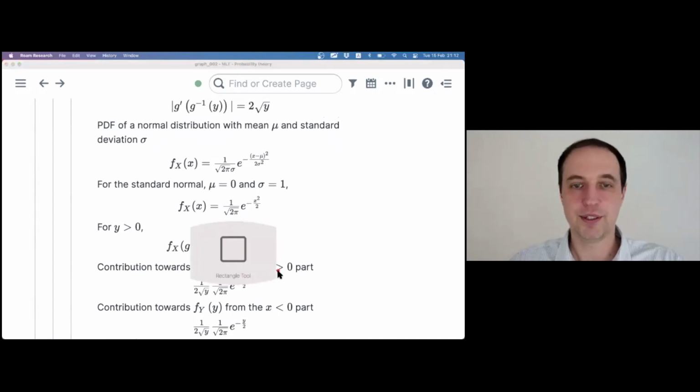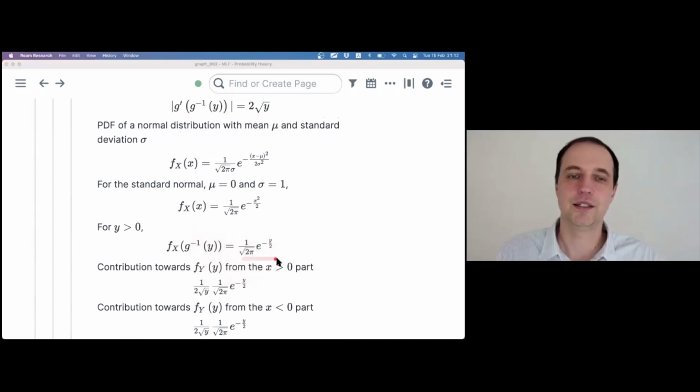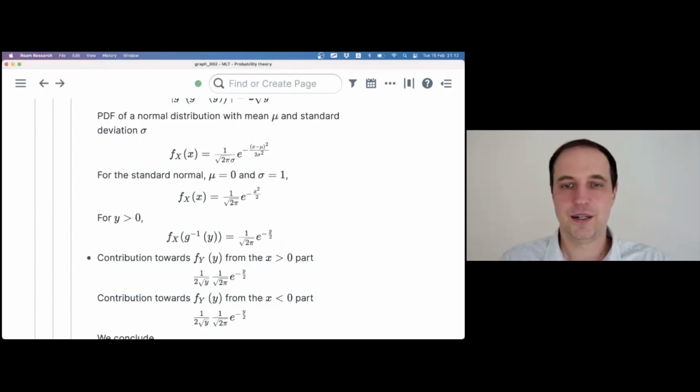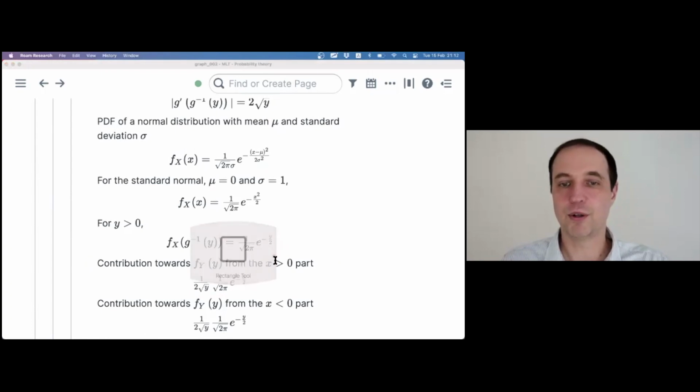This was the expression for the numerator. And we conclude that the contribution from positive x towards our formula is this one. You obtain that by taking this numerator and dividing by this denominator. This is the contribution towards the PDF of y from positive x's.